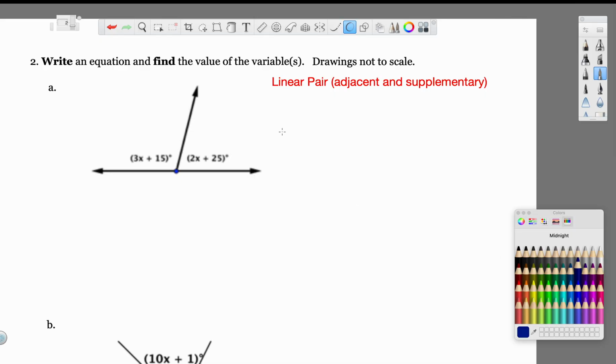So let's write an equation here. We got 3x plus 15, this angle right here, plus 2x plus 25, this angle here, is equal to 180.